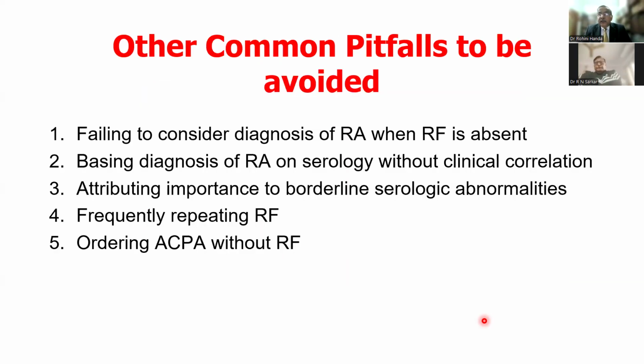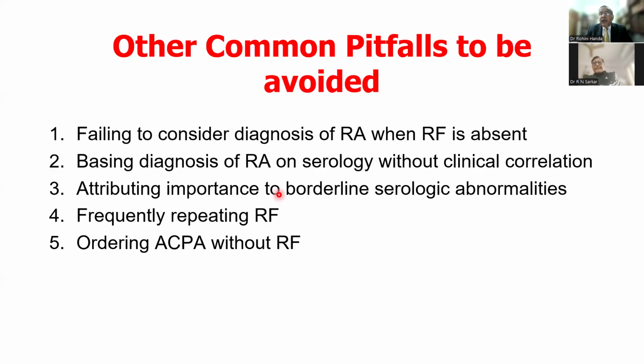As students, you should avoid some pitfalls, and I have enumerated 5 of these. The first pitfall is failing to consider a diagnosis of rheumatoid arthritis when rheumatoid factor is absent. Do not elevate serology to the level of a diagnosis. 20% of your patients would be seronegative. Do not base a diagnosis of rheumatoid arthritis only on serology.